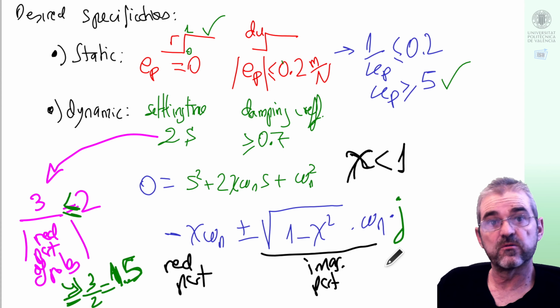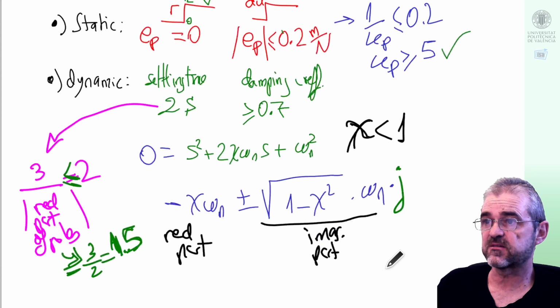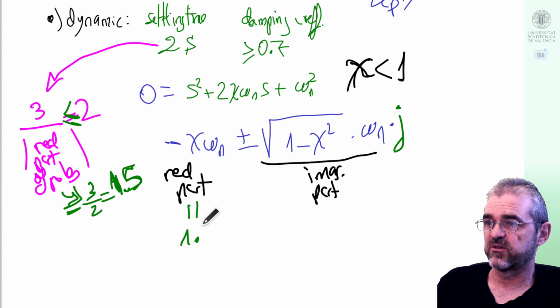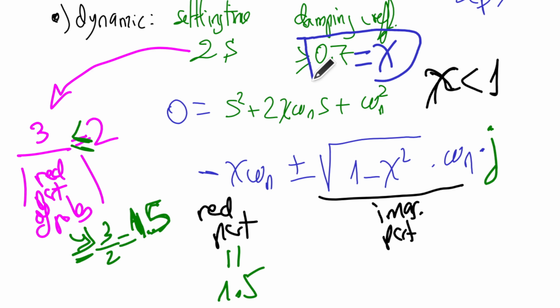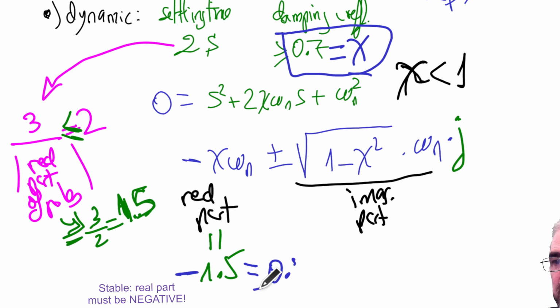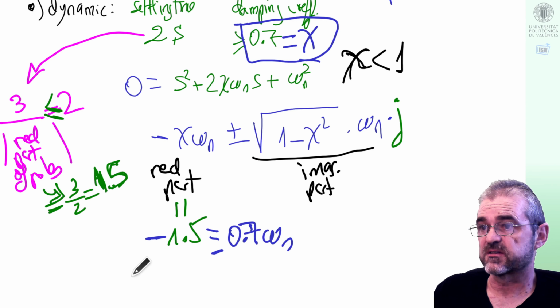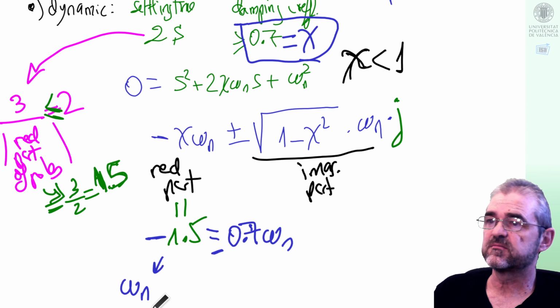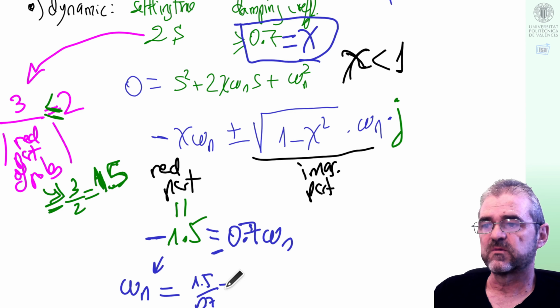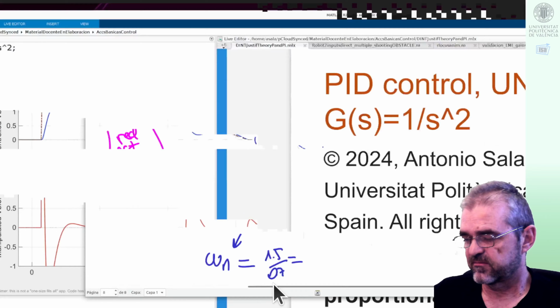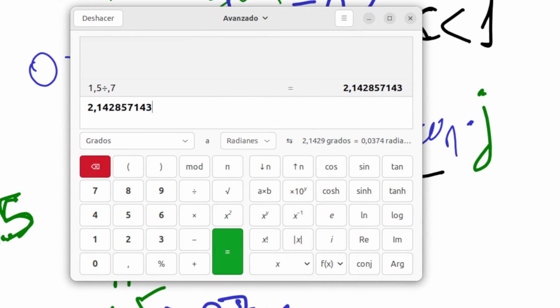So we are almost there, in the sense that if this is 1.5 and we settle for chi equal 0.7, then minus 1.5 must be equal to minus 0.7 omega n. Hence, omega n must be 1.5 over 0.7, 2.14.